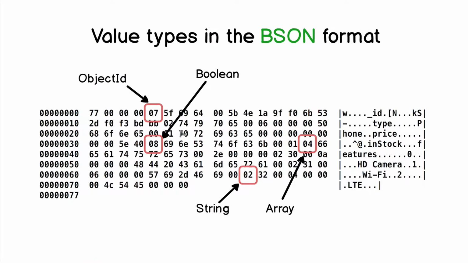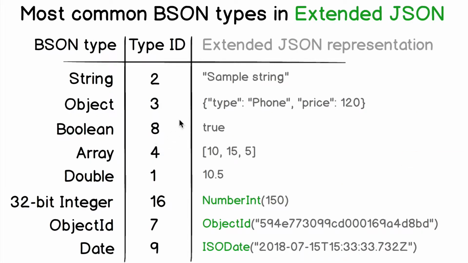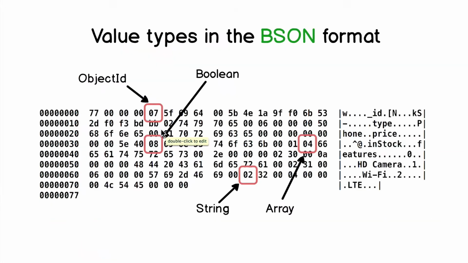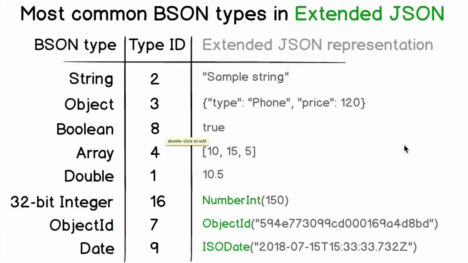Here it is. On this line you see in_stock, and in our example it is true. You see number 8, and number 8 represents the Boolean type. Here 04. It stands before features. And features, in our case, is an array. And here you also see this number for array.